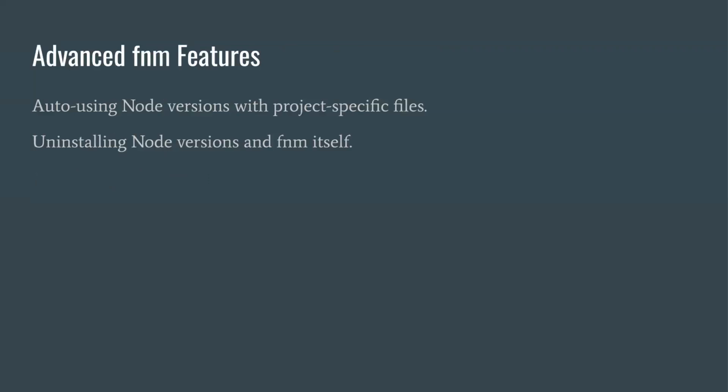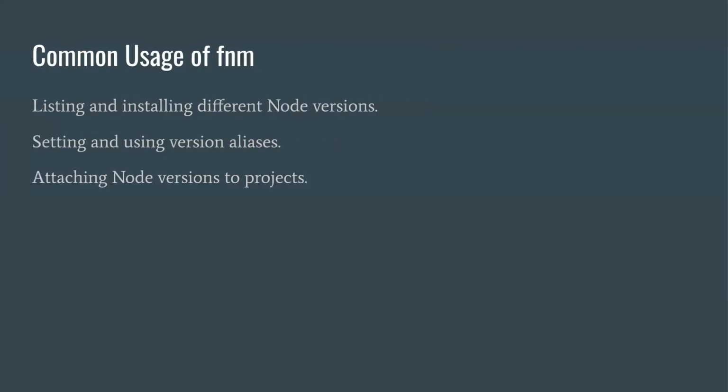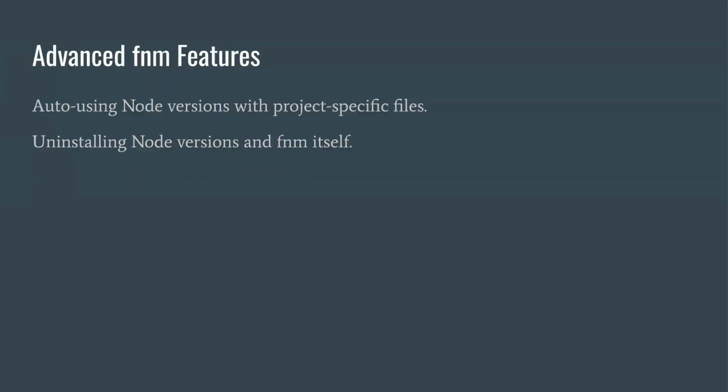Advanced FNM features. So we talked about how FNM allows you to attach specific node versions to your project. In order for FNM to automatically detect the node versions specified in project files, you could use that .nvmrc file.